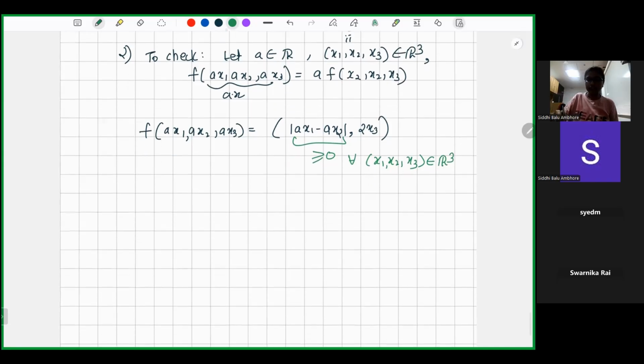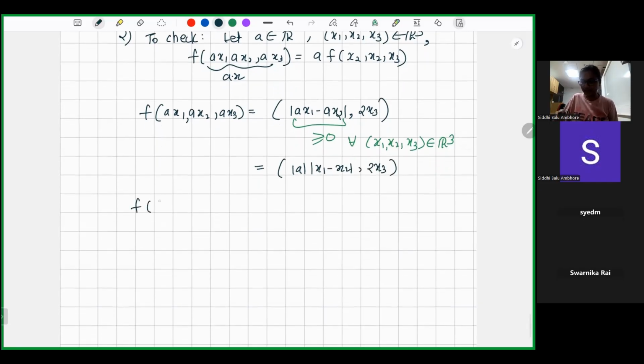Always positive, but in general, if I take, so this is, if I'm correct, mod of x1 minus x2, comma 2x3. And f of, now the left hand side, this a f of x1, x2, x3, this is equal to a into mod of x1, comma x2, comma ax3.